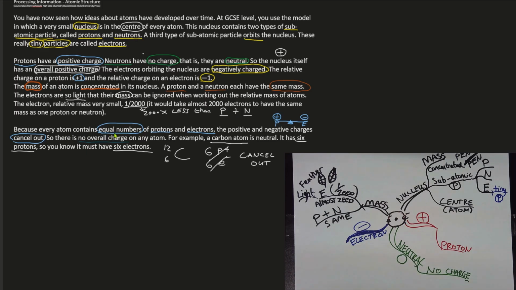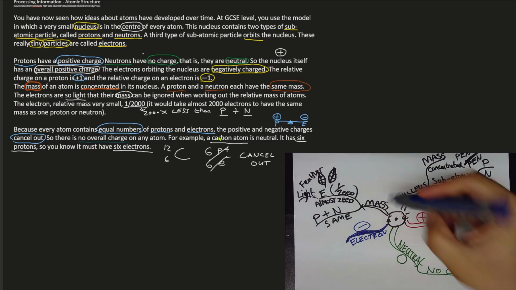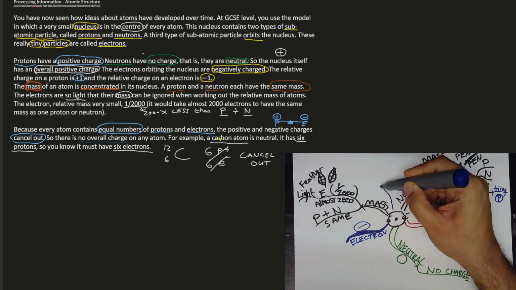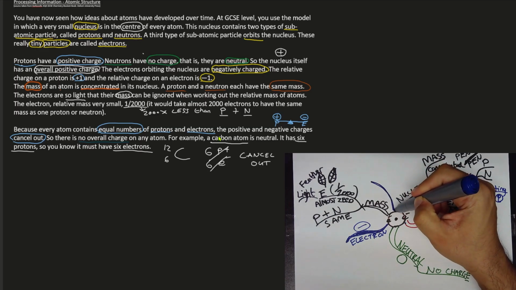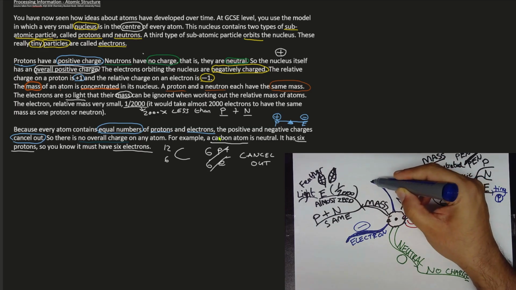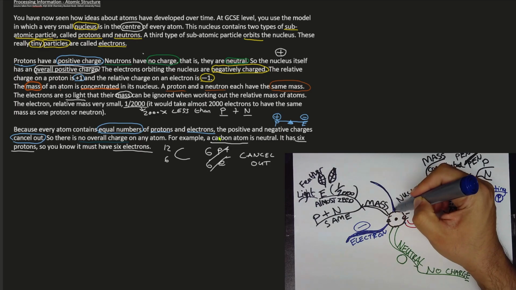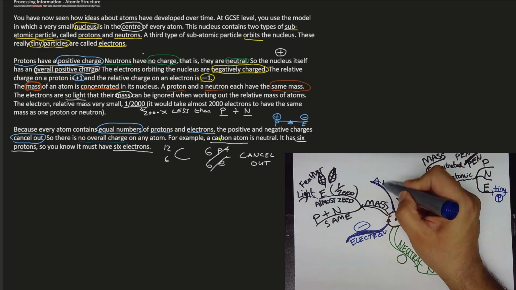Every atom contains the same number of protons and electrons. So here we have to talk about the atom being the same mass. So I'll do this in a different color. I'll do this in blue. And here, we're going to write over here the word atom.